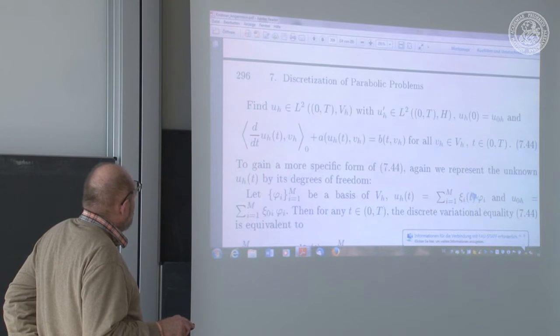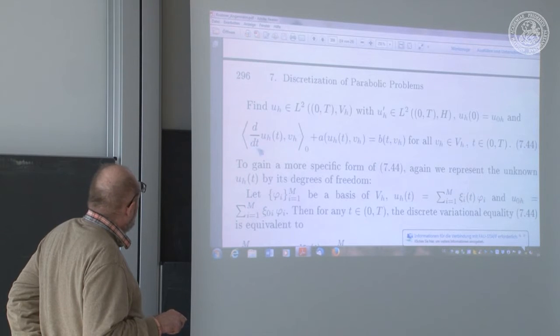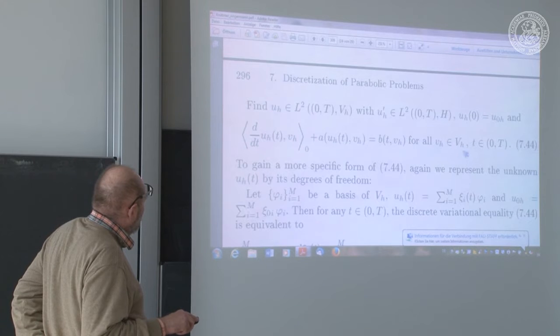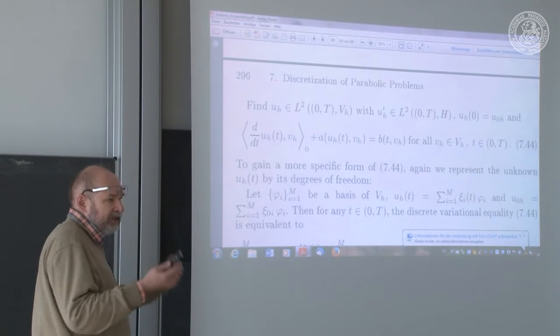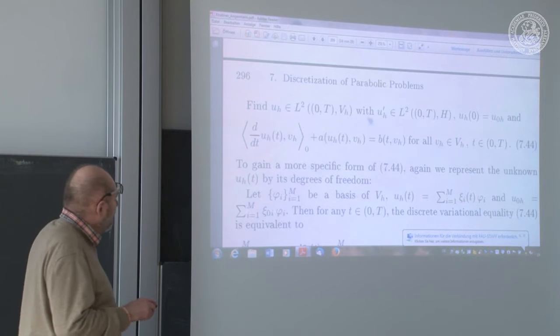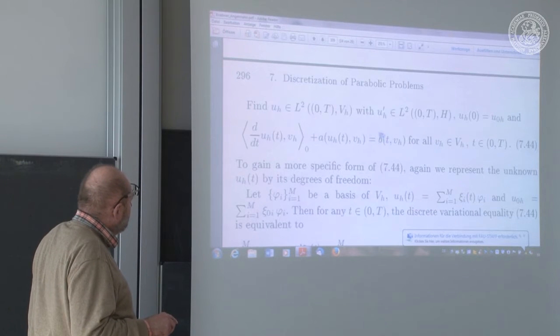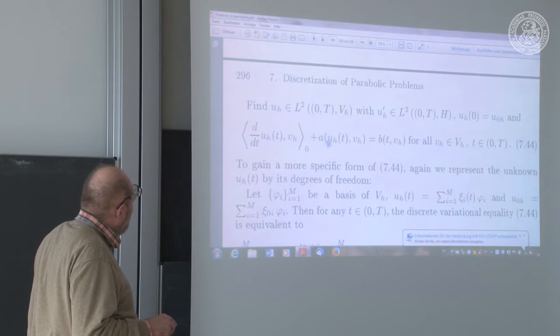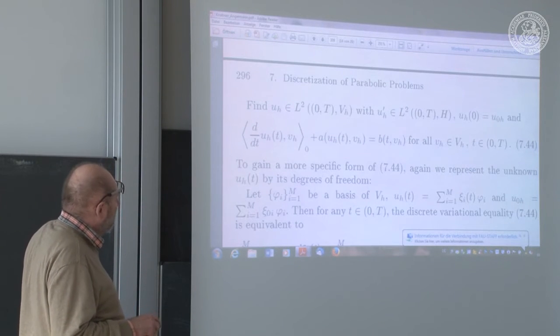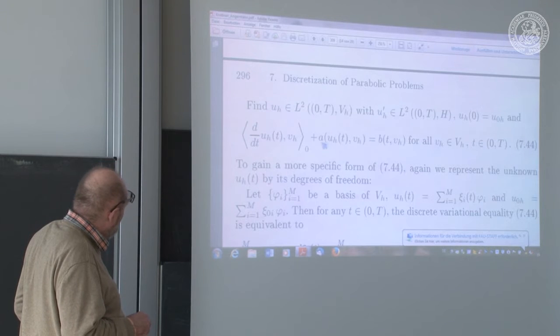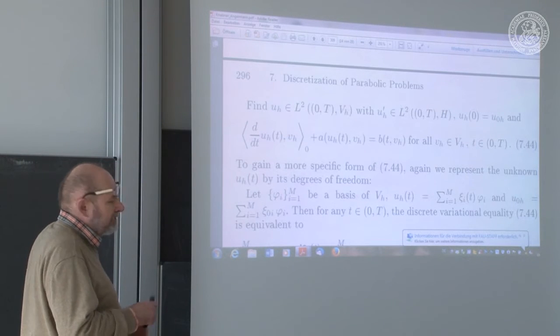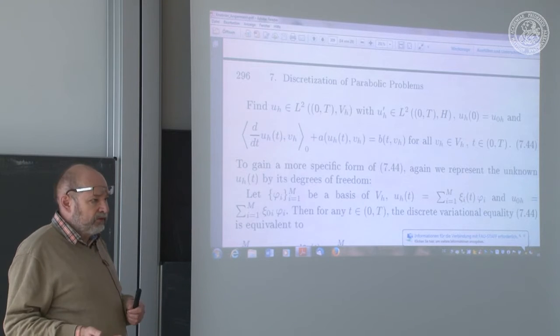Okay, so what happens if we plug that in here and here, of course? Similarly, the requirement for the full finite dimensional space is equivalent to it being valid for the basis. So we plug in the basis here. If we only look at our old parts, this part and this part, for fixed t, forgetting about this term for a second, we get again our set of equations with the stiffness matrix and the load vector.